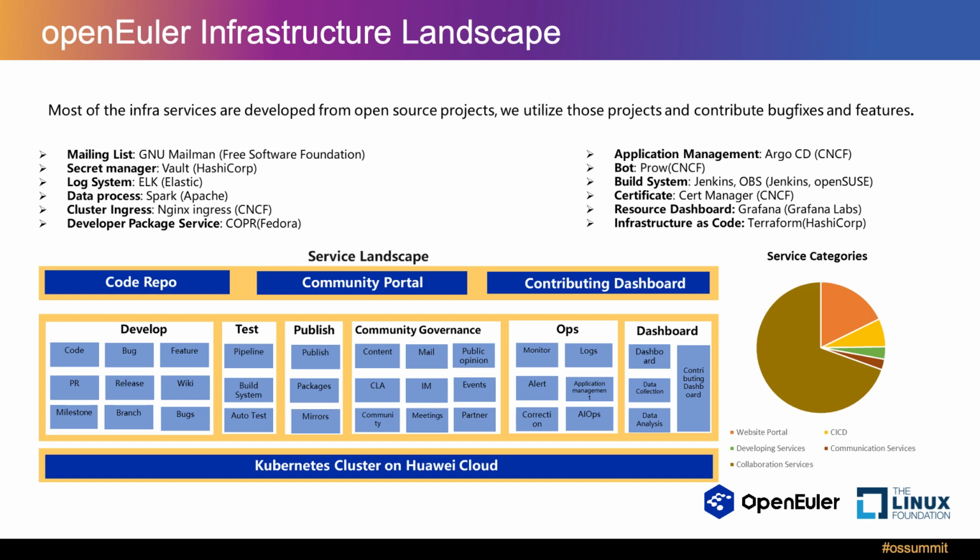And you may also find that there are a bunch of projects that come from the CNCF. Yes, we have the Nginx ingress, which is used as our reverse proxy service. And there's a simple API gateway. We also use Argo CD. This is a nice tool. We use it obviously to centralize our application deployment.